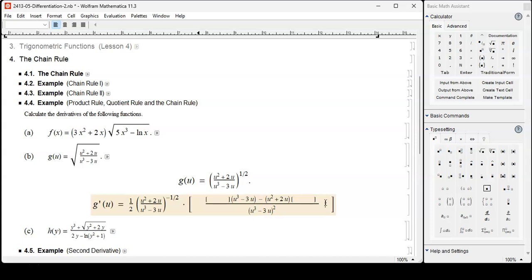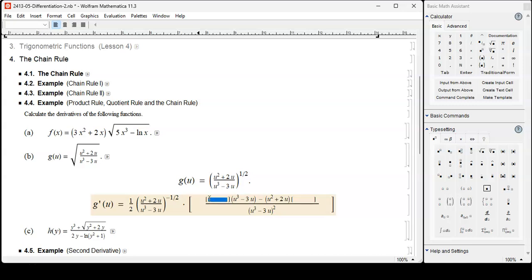Okay, all right. The structure is pretty much done. So we did a chain rule: outside first, inside stayed the same, and then the derivative of the inside. But the derivative of the inside requires a quotient rule, so we ended up getting this quotient rule structure. All right.